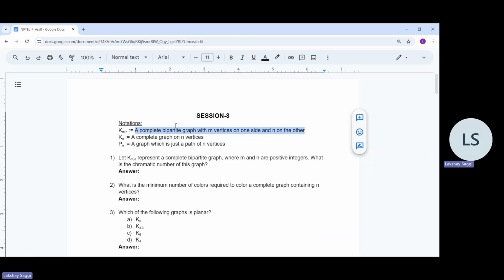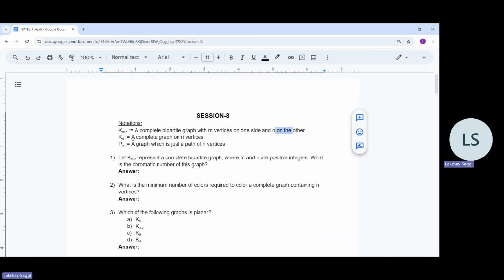A complete bipartite graph means that each of these m vertices will have an edge to each of these n vertices. So there will be a total of m times n edges in the graph. And none of these m vertices will have an edge between themselves, and similarly, none of these n vertices will have an edge between themselves. I hope everyone is familiar with bipartite graphs.